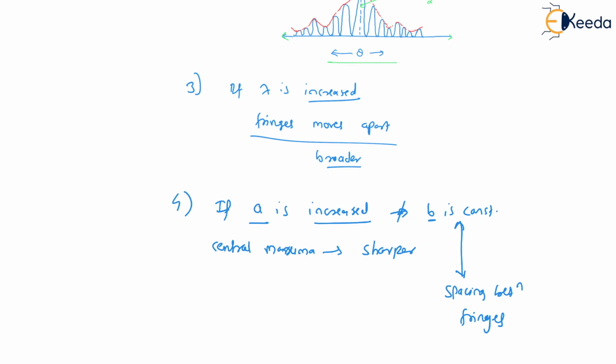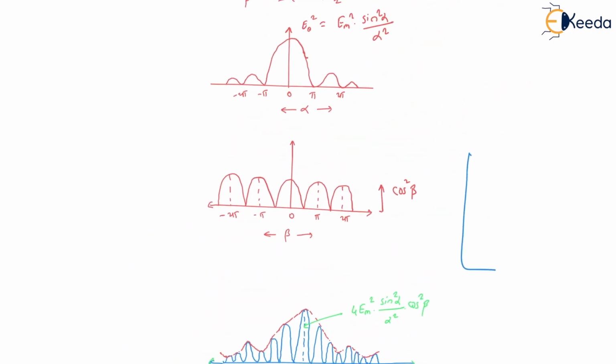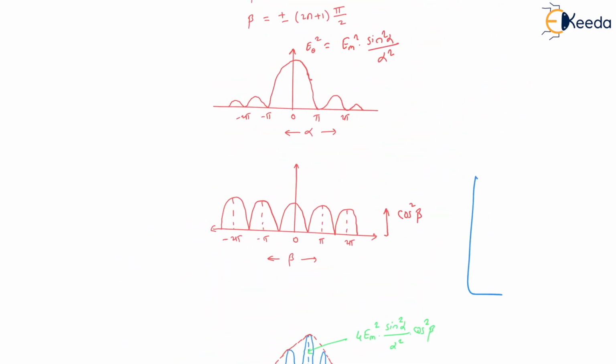So if we increase this value of a, the number of interference maxima in this particular central maxima will decrease. If we increase b, the interference maxima within the central maxima will increase.